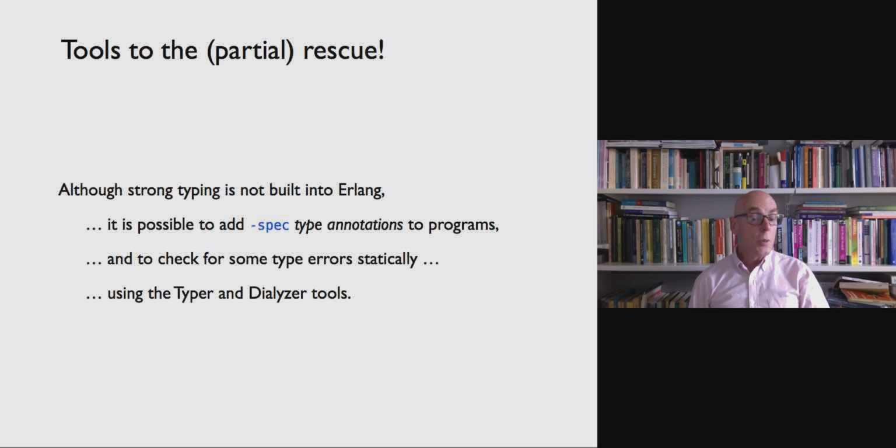Using the tool Typer, which is built on top of the Dialyzer tool, which is to do general correction of Erlang errors. It analyses for discrepancy errors. Discrepancy analyzer is condensed to Dialyzer.